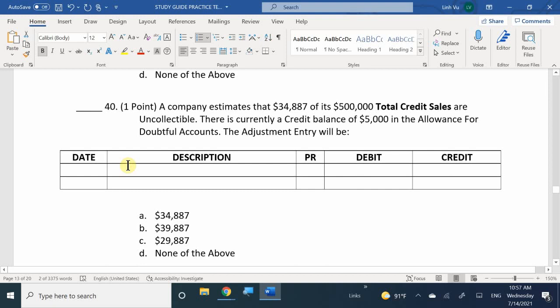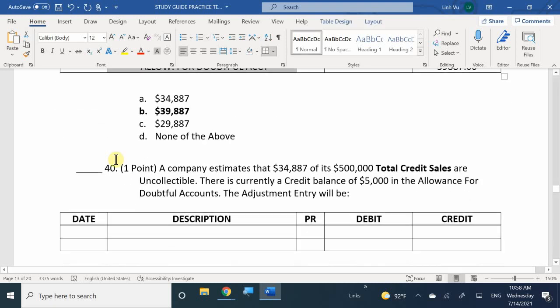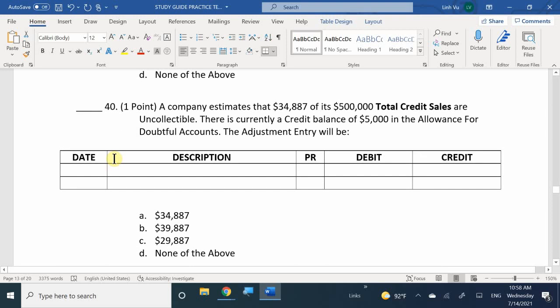So once again, a company estimates that $34,887 of its 500,000 total credit sales is to be uncollectible. There's currently a credit balance of $5,000 in the allowance for doubtful accounts. The adjustment entry will be A, 34,887.